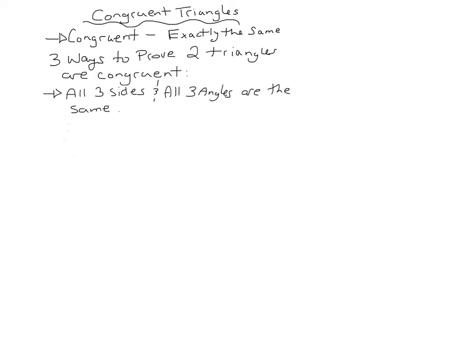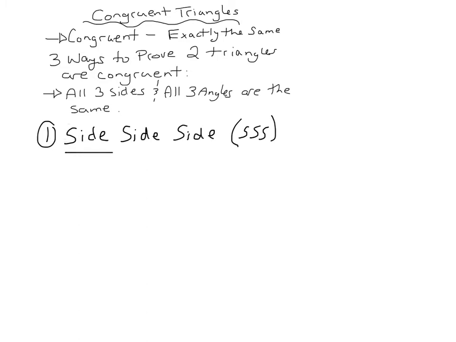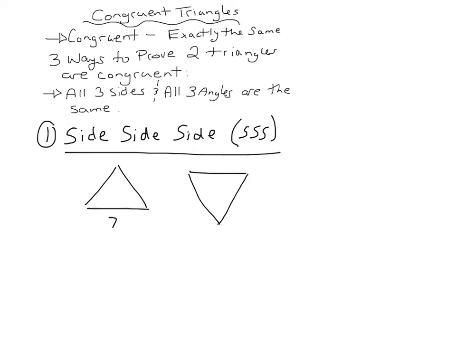Okay. So way number 1, side, side, side. Short form, S, S, S. What this means is that if you have 2 triangles, and this triangle has 7, 6, 5 as its side lengths, and this is a 7, a 6, and a 5.